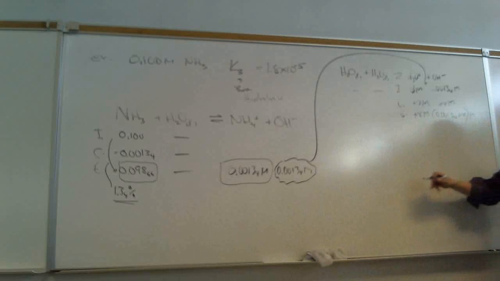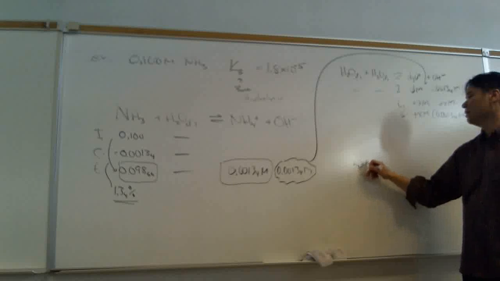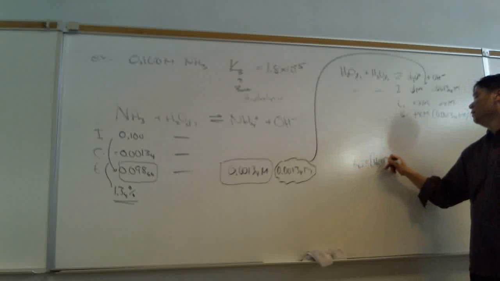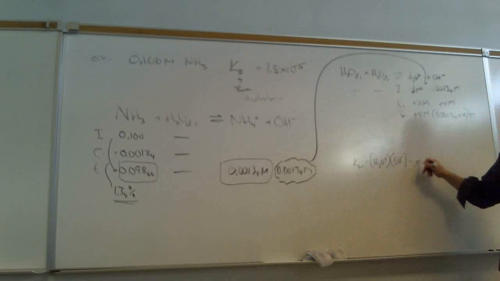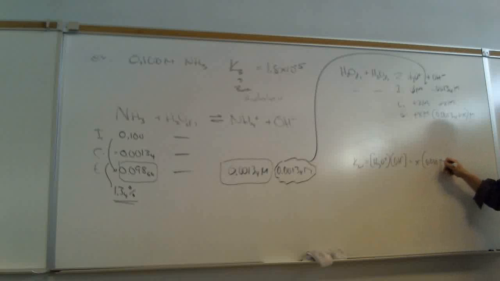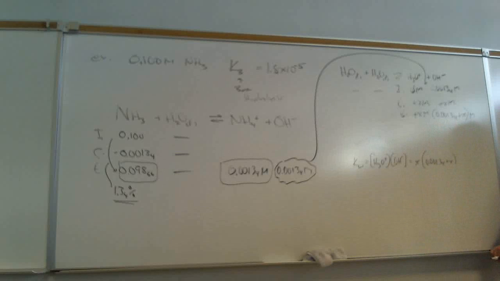What do you think about the simplifying assumption? I'll solve Kw down here. Kw is the hydronium total times the hydroxide total. And this is going to be x times 0.00134 plus x. What do you think about the SA here? Pretty good?